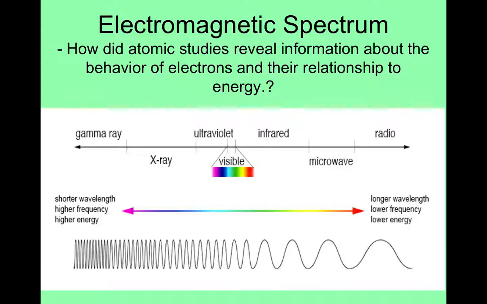So in order for us to see light, it has to have those wavelengths and frequencies. If it has a lower frequency, then it falls into the infrared range. A higher frequency falls into the ultraviolet range. X-rays are a little higher frequency, and then gamma rays have a higher frequency still.